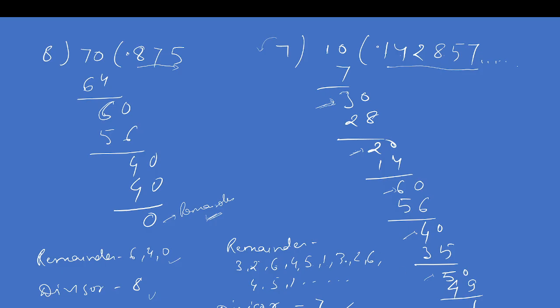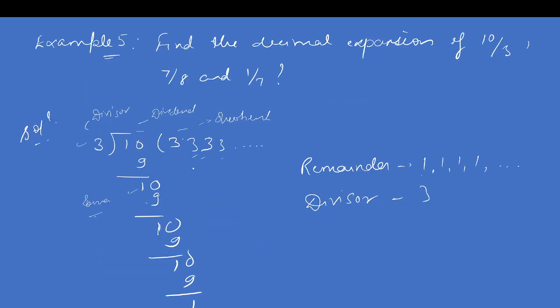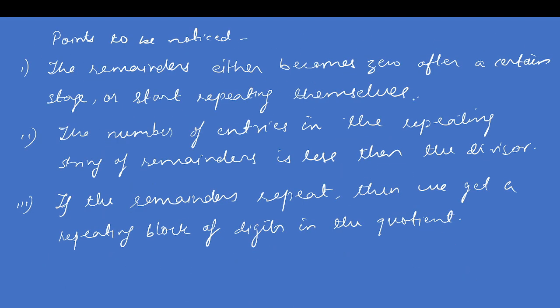Again if you go on, it will repeat 3, 2, 6, 4, 5. In this case also the remainders repeat 1, 1, 1. So first this we have checked. Okay, now the number of entries in the repeating string of remainders is less than the divisor.